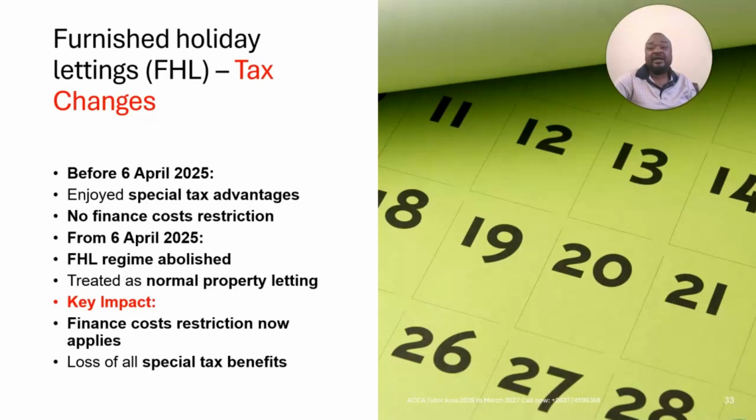Now, there often is a problem with furnished holiday lettings, where people were bombarding my inbox asking how we are going to treat furnished holiday lettings. Oh, my people, that was before 6 April 2025. These FHLs enjoyed special tax advantages before 6 April 2025.